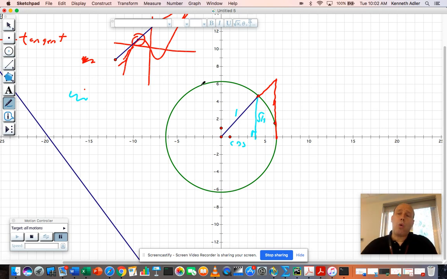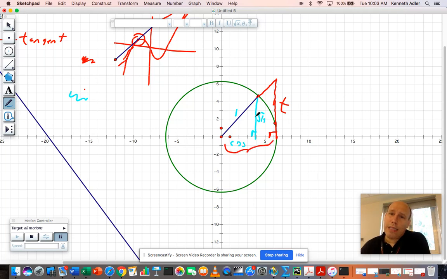So it's clear I have two right triangles, and they're similar because they have the same angles. So I can say they're similar, therefore the ratios of corresponding sides are in proportion. I'm going to call this new side T. So let's make the ratio.